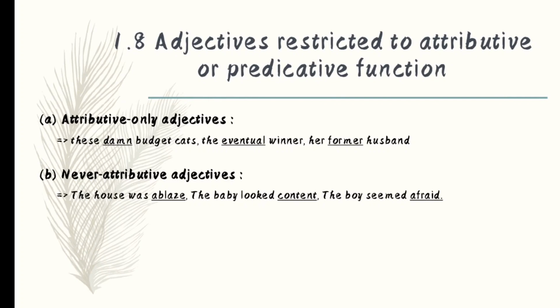In the attributive use, the adjective functions as a modifier to a following noun in a noun phrase structure. For example: the damn budget cuts, the eventual winner, and her former husband. Husband is the head and the modifier is "former," an adjective.